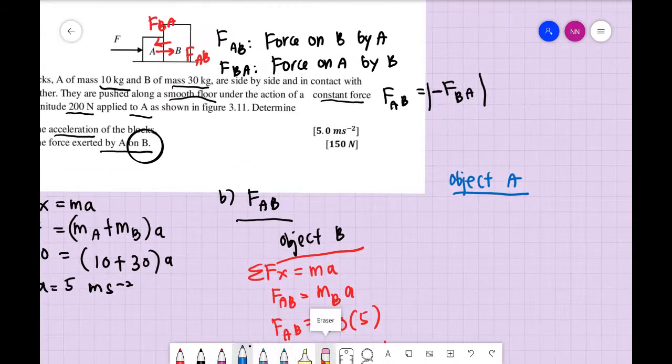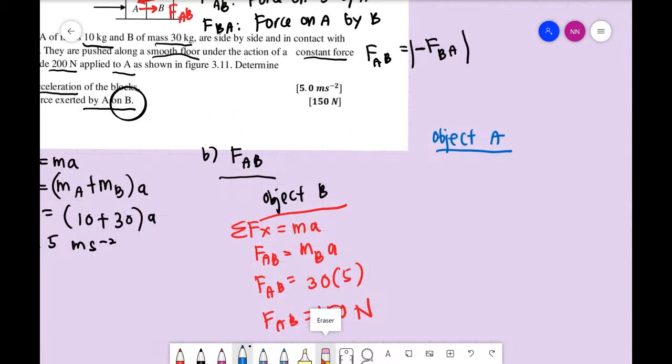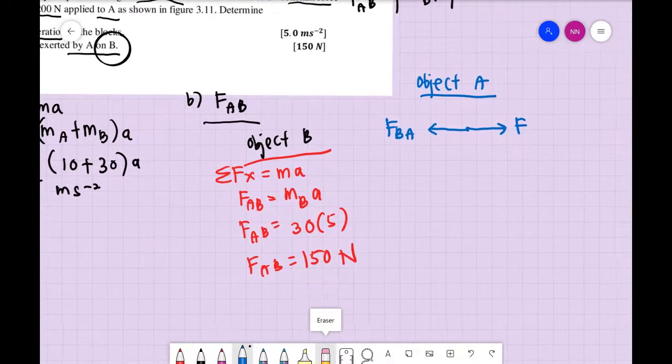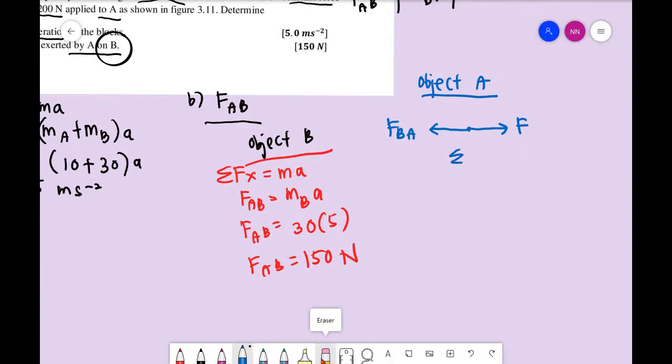So the forces on object A are the push force F here, and the force on A by B, because B pushes A. So we can also apply net force X equals MA.